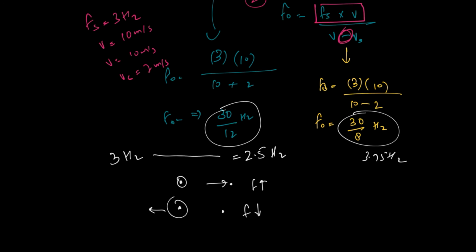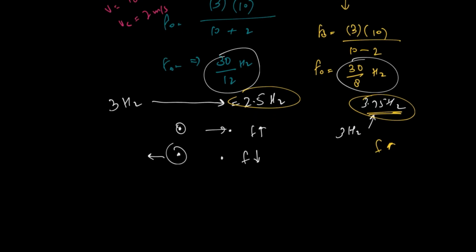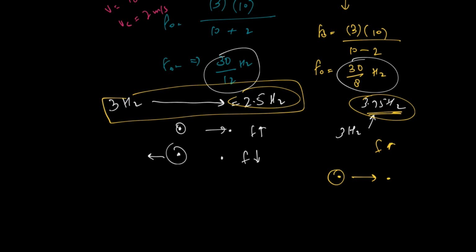Now this frequency is 2.5 hertz and this frequency is 3.75, meaning this frequency has decreased and this one has increased. So as my frequency has increased, the source that emits my waves moves towards the observer, and as my frequency is decreasing, the source moves away from my observer.